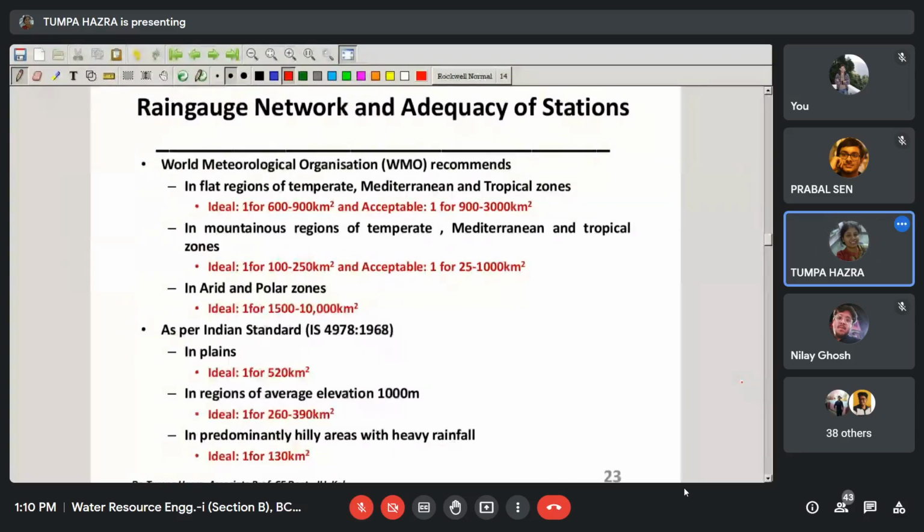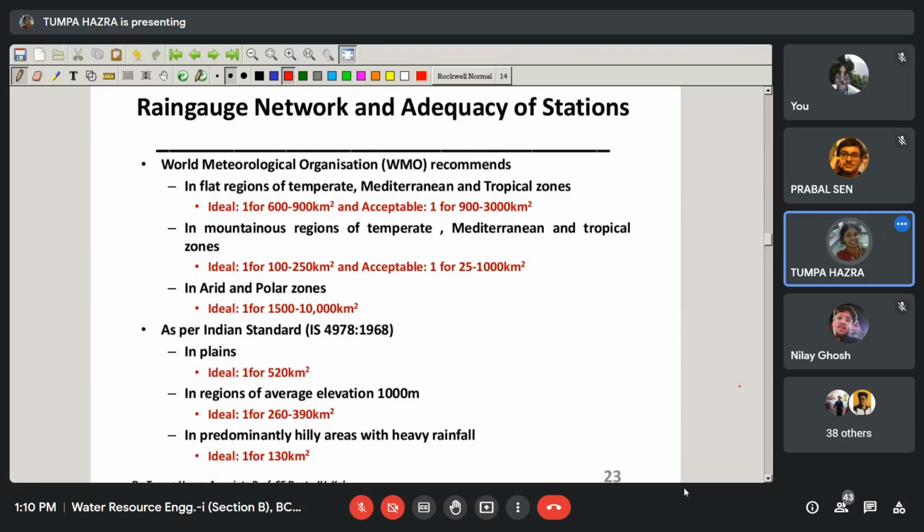If you increase the number of rain gauge stations, it will be associated with cost, but if you decrease the number of rain gauge stations, then obviously your data will not be accurate. There will be a lack of accuracy of the data. So therefore you have to judiciously determine the number of rain gauge stations required for a particular area.